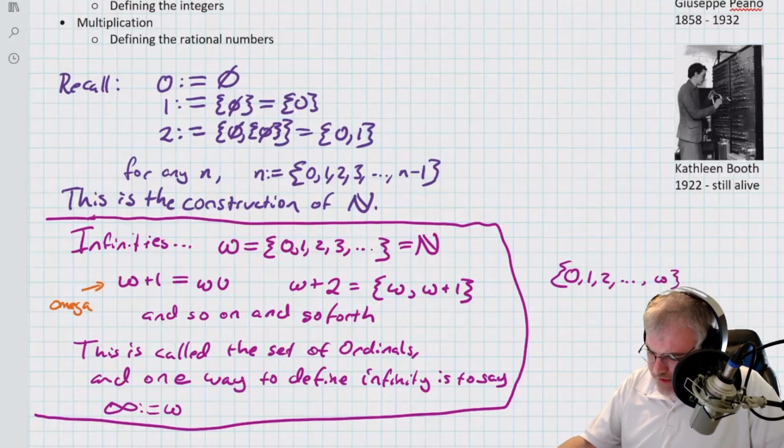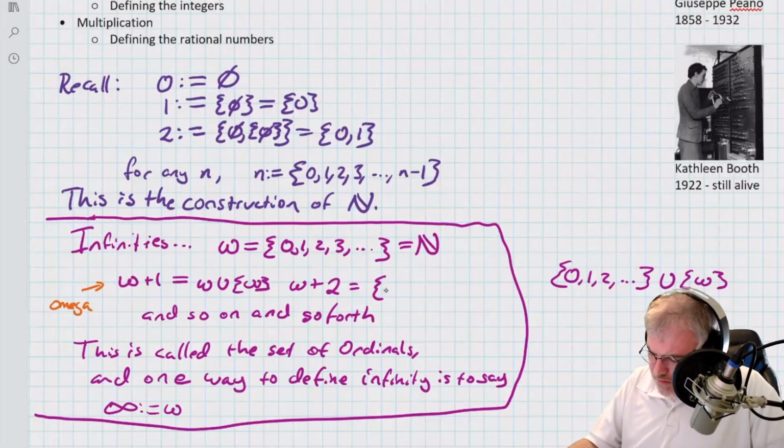So I want omega to be the end there. That would be this set. Right, so this is omega union the set containing omega. And this would be omega plus 1 union the set containing omega.